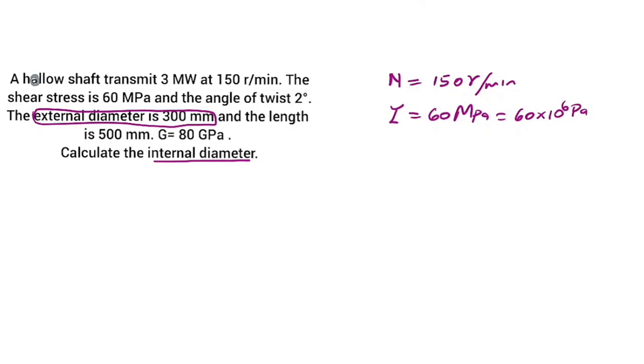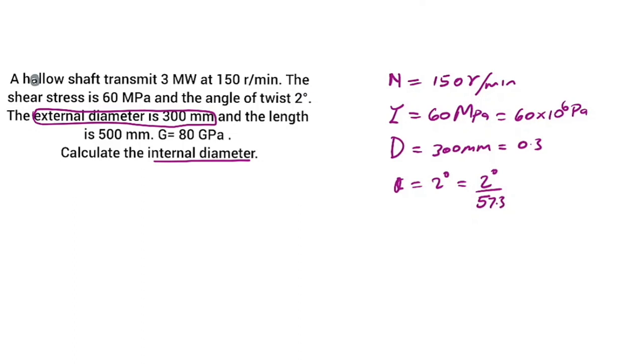We will represent it by a capital letter D, which is 300 millimeters, so this is 0.3 meters. Then we've got the angle of twist, which is 2 degrees. You convert it into radians: 2 degrees divided by 57.3.